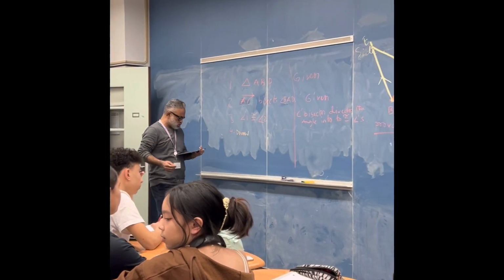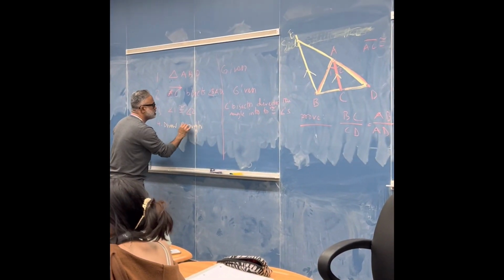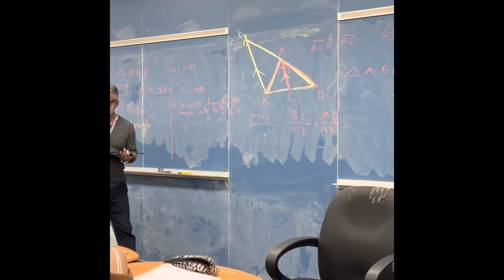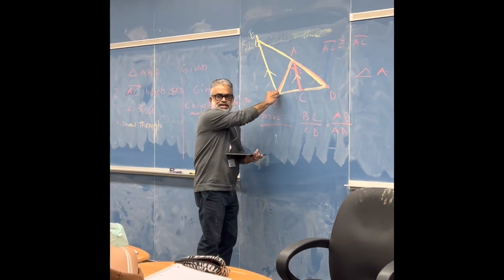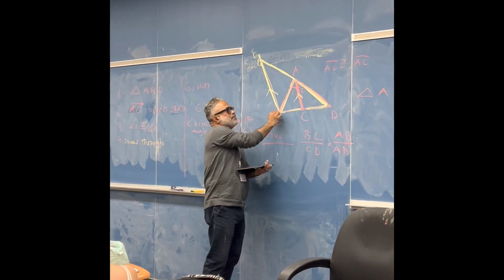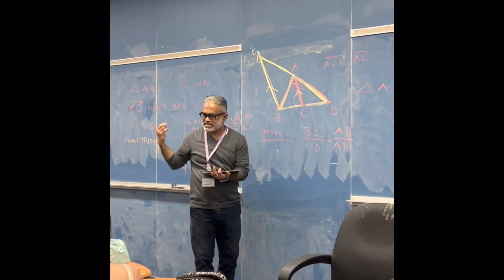So we say draw through which point? We have drawn this line through which point? From B. Are you guys getting me? Yeah. So we have drawn a line parallel to AC through B, right? So we are just writing it, okay?